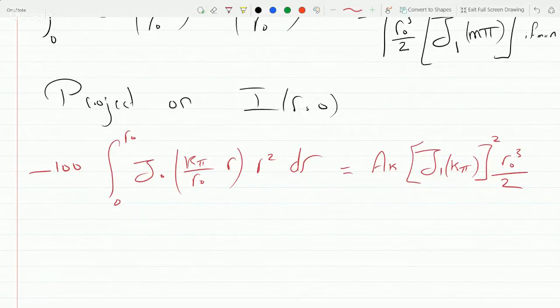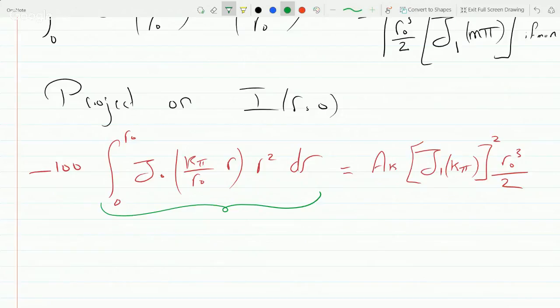So now the question becomes how to evaluate this integral. Well, there's many ways to do it.